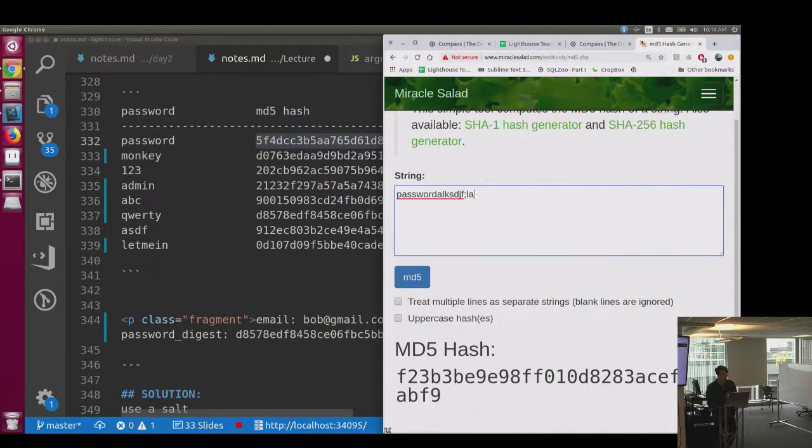So if we have a wandering salt, there's a couple ways to remember what the salt was. Maybe you have another table in your database that just stores the salt that was used. So for this password, that salt was used. For 123, another salt was used.